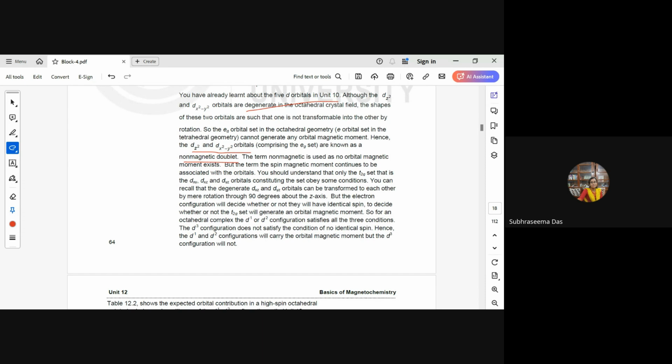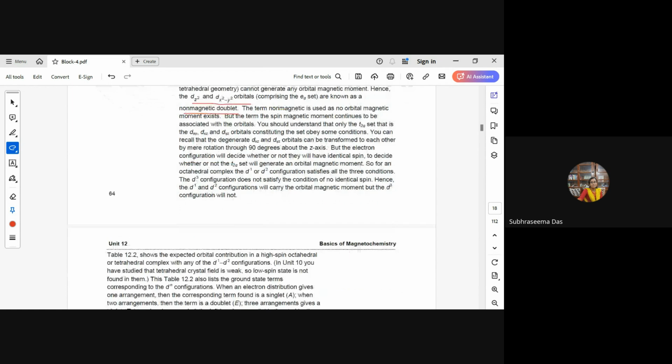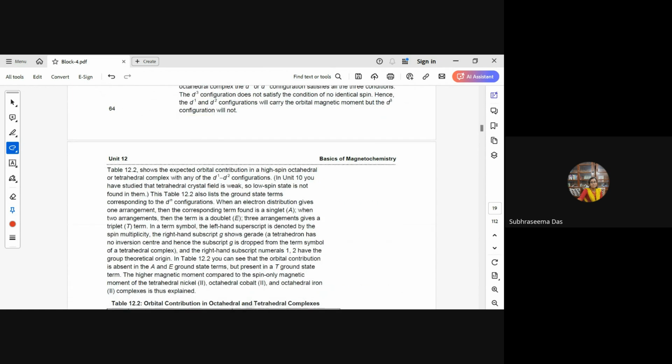Now, in the t2g set, there are dxy, dxz, and dyz orbitals that also obey certain conditions. The t2g set depends on the type of electronic configuration in the t2g set, which finally decides whether it will generate a mu_L, that is the orbital magnetic moment, or not. These are certain rules here in table 12.2.